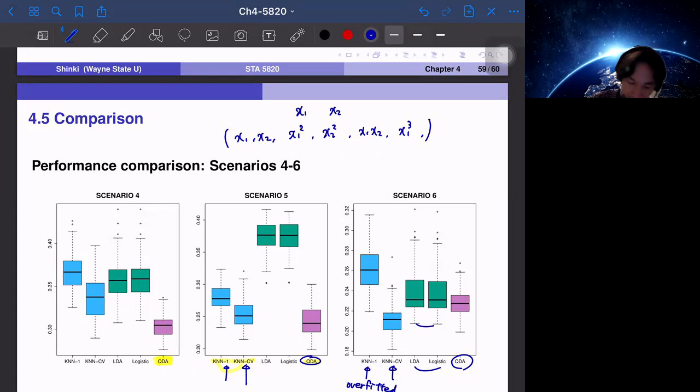So sometimes KNN or QDA looks better, but if you include enough predictor variables in the model, sometimes LDA and logistic regression work as well as other models, sometimes even better.